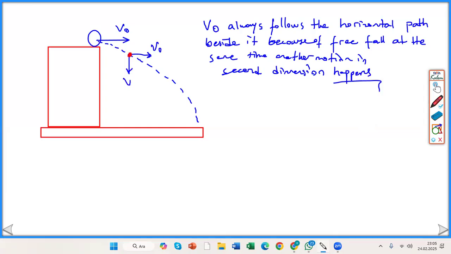assume that the position of the ball is here. Right now, there are two different motions. First one is vertical and the second one is horizontal.